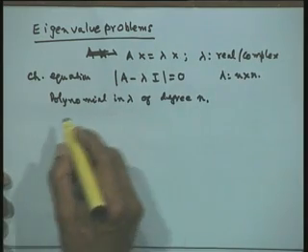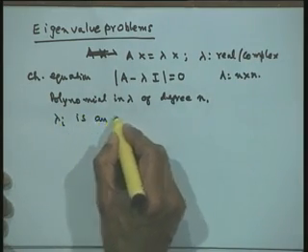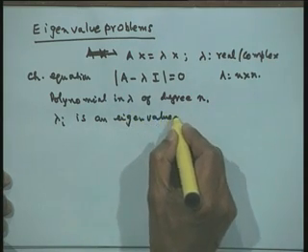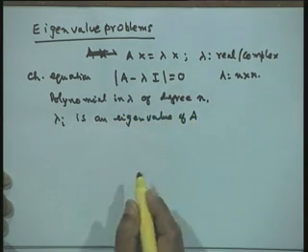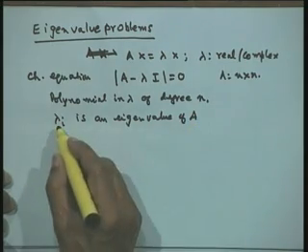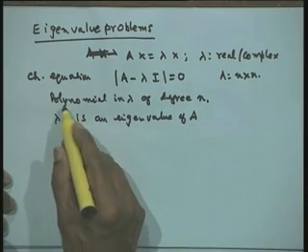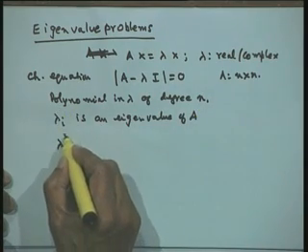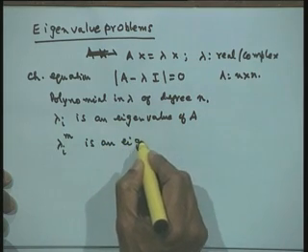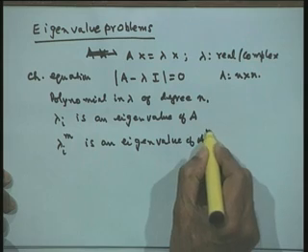But we know the property that if lambda I is an eigenvalue of A, then A squared will have eigenvalues lambda I squared, and A to the power of m will have eigenvalues lambda I to the power of m.